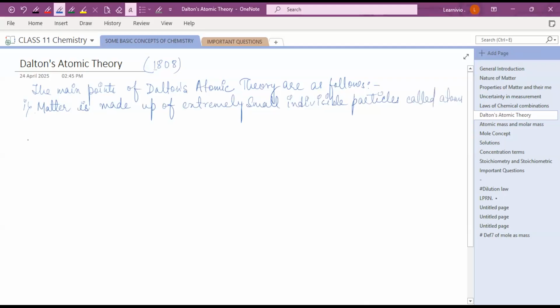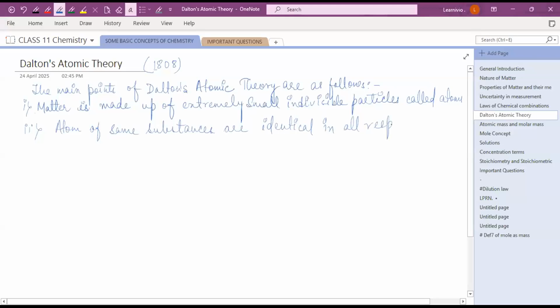Second point: atoms of the same substance are identical in all respects.